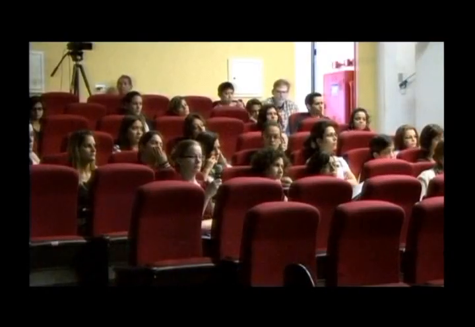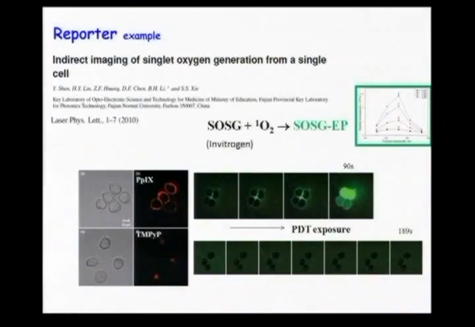Right, and that's the third possibility, is that here it's easy because the culture is incubated with the sensitizer as well as the reporter, so we know that it's locating, whereas in a patient perhaps this molecule would not co-locate with the photosensitizer. So it's a very nice idea. It has not been used in patients to this stage. It has been used, for example, to study singlet oxygen damage in plants.